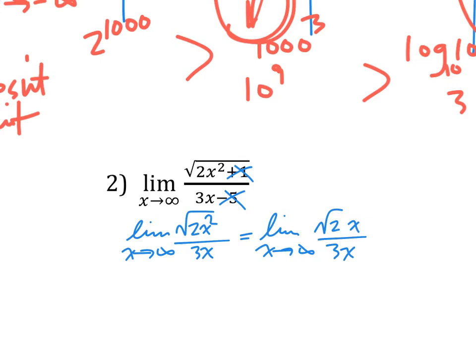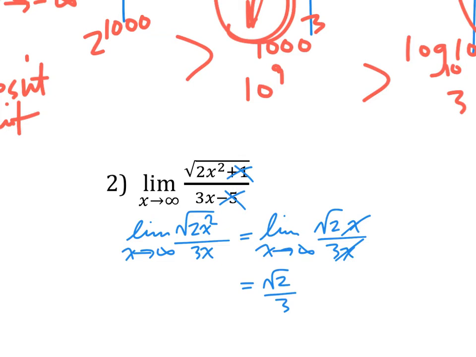Now that I look at this, you can see that this is really just a rational function with the same degree. So that is case number 1. So the ratio of the leading coefficients is square root 2 over 3. So the limit is square root 2 over 3, or the horizontal asymptote is at square root 2 over 3. And this works because x is going to infinity.